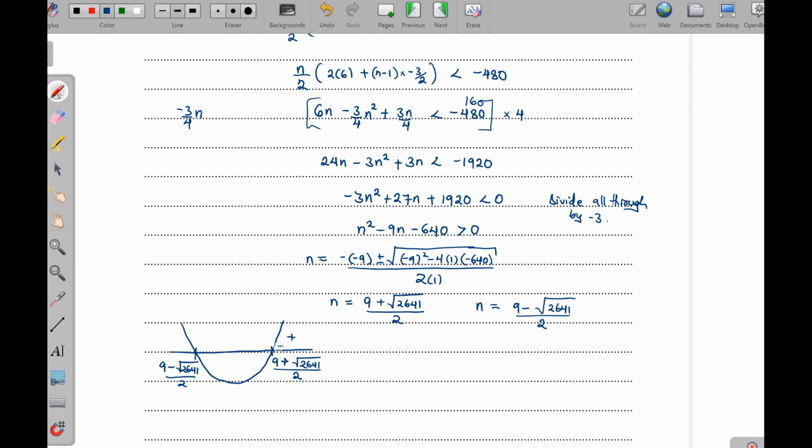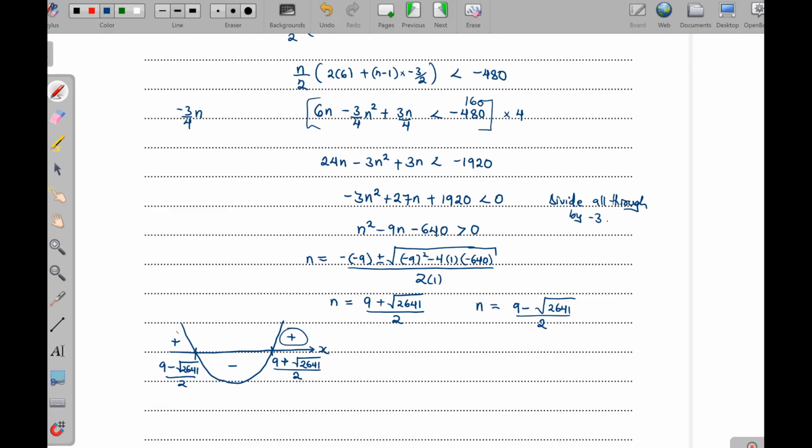Whichever value of x is greater than this, y is above the x-axis. On the other side, y is also above the x-axis, but in between these two it is negative, below the x-axis. So our answers can be n less than this and n greater than that.